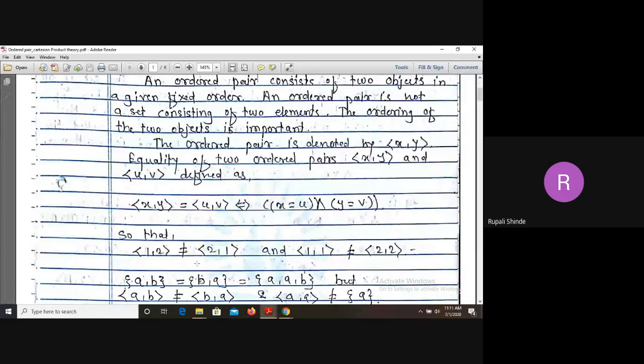Why are these not same? Because the elements are same, but the ordering of these elements is different. If you consider the first ordered pair, 1 is the first element and 2 is the second element. But in the second ordered pair, 2 is the first element and 1 is the second element. So the ordering of these ordered pairs is not same.